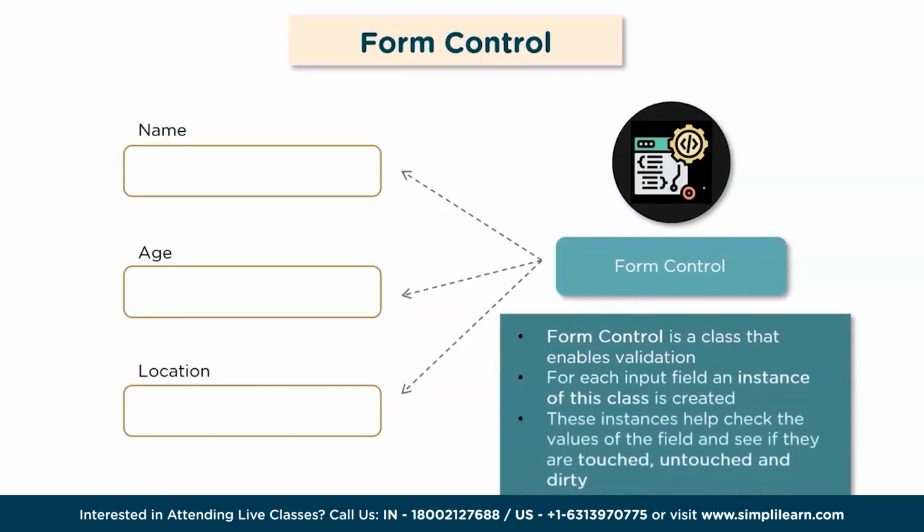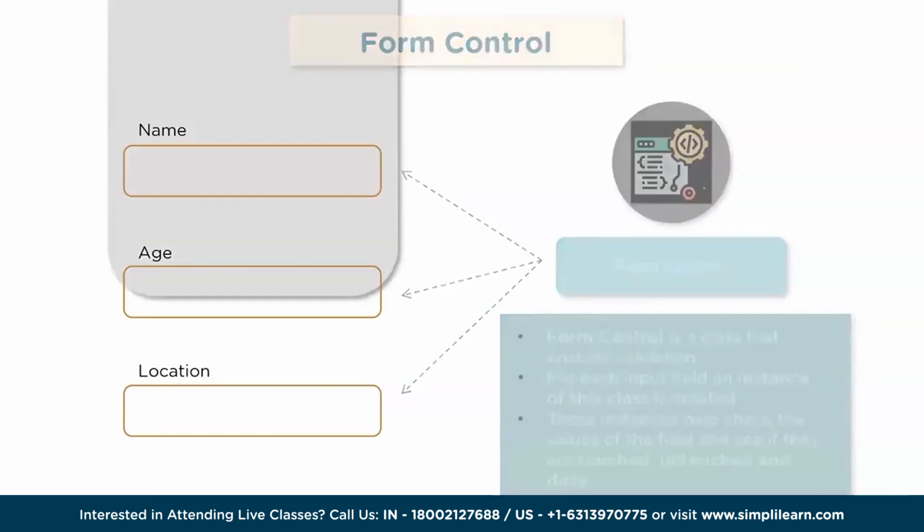These instances help check the values of the field and see if they're either touched, untouched, dirty, pristine, valid, invalid, and so on. So this allows you to check every field for the value. It makes it easier to understand which field's value is invalid or which field has not been entered, etc.